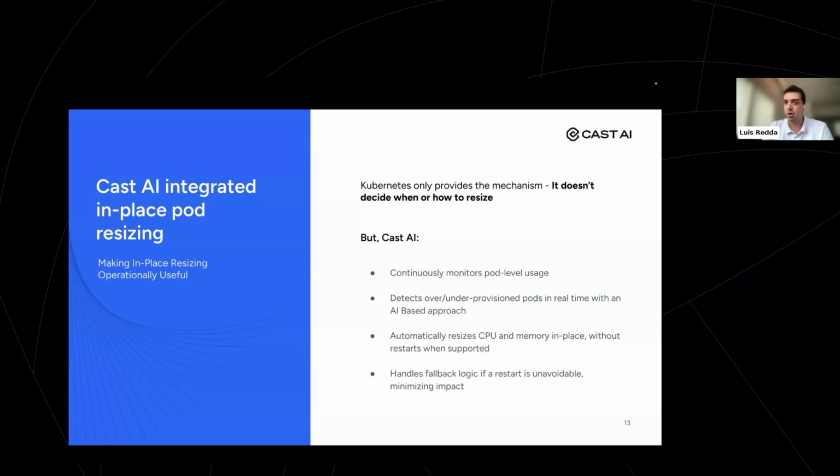CastAI keeps monitoring your workloads in real time. And when we detect under provisioning or over provisioning events, or, for example, out of memory kills, we do the adjustment immediately, right? It's at the same time.